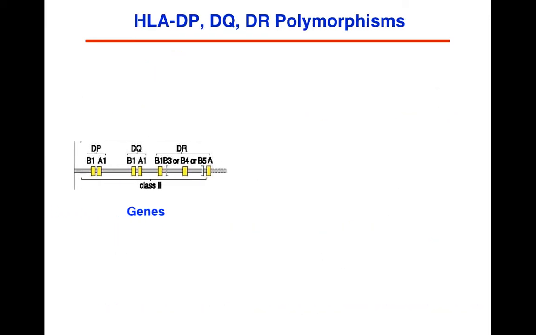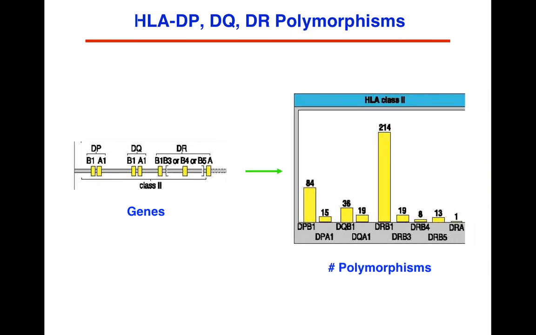So the polymorphisms for the HLA-2s are primarily in these beta chains, and in particular the DRB1. See here, there's a DRB3, DRB4, DRB5. There's a whole bunch of them.